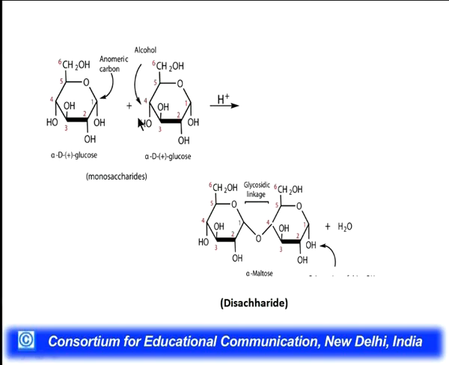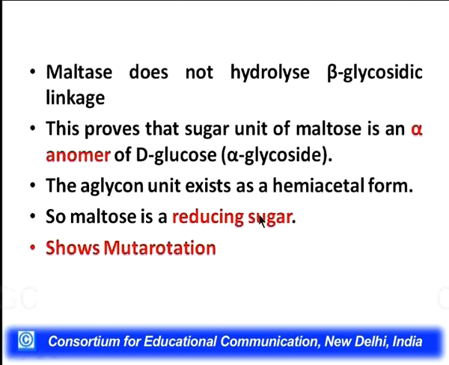A water molecule is eliminated here, so this is a condensation reaction. 2 monosaccharides react in acidic medium to give maltose, in which the glycosidic linkage is between the first carbon and the fourth carbon.